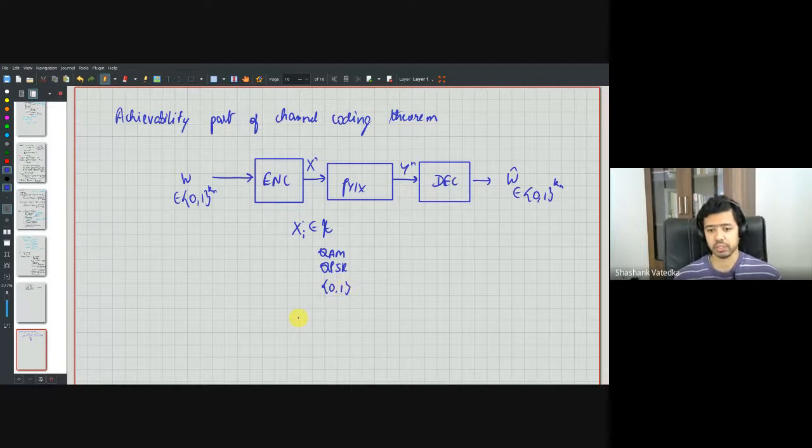So if it's the BSC, then the input alphabet is going to be 0, 1. If it is, say, some Q-ary channel, then it could be 0, 1, 2 up to Q minus 1, and so on. So this is the input alphabet.